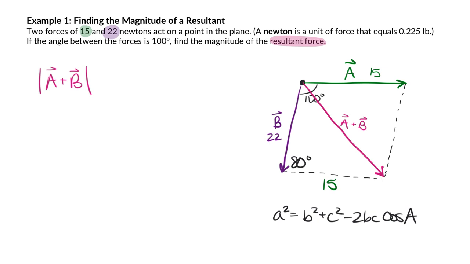We would say that the magnitude of A and B squared would be equal to the vector quantity A squared plus the vector quantity B squared minus 2 times the vector quantity A times the vector quantity B times the cosine of what angle?